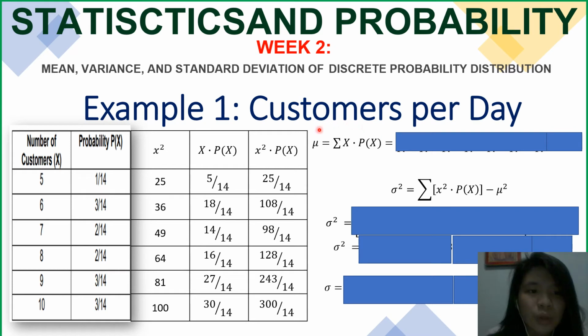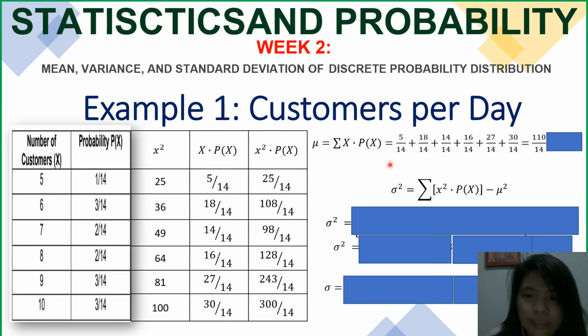Ngayon, since meron tayong product ng x and p of x, kunin natin yung mean. So, formula for mean is mu is equal to the summation of x times p of x. So, kunin lang natin yung summation or the sum of all of this.